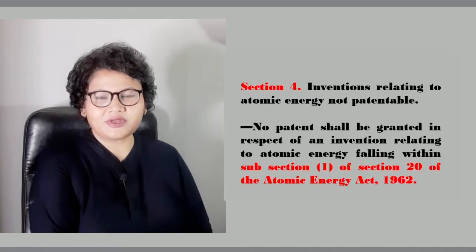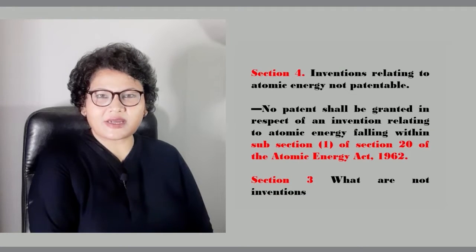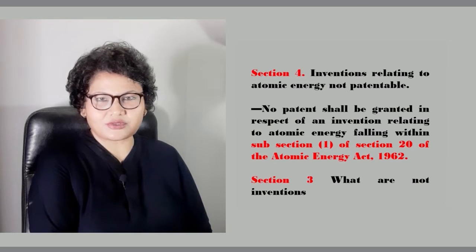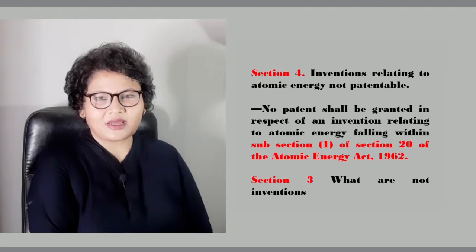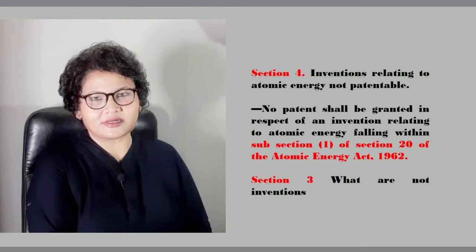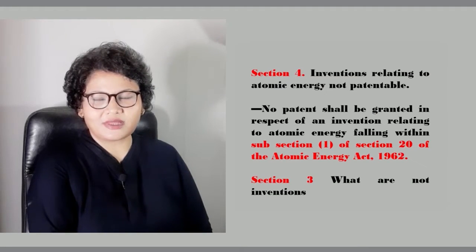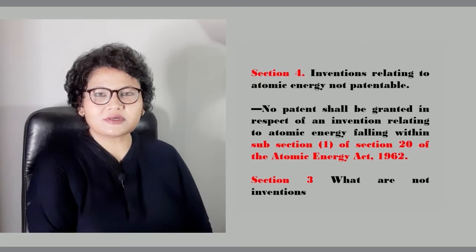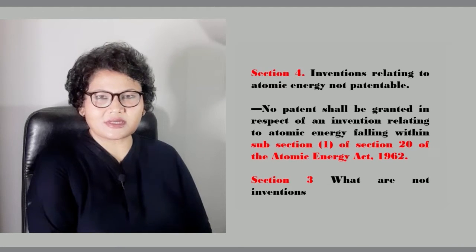Whereas Section 3 provides a list of about 15 categories of what are not considered as inventions and cannot be patented. I shall try and make a detailed video on Section 3 and all the categories under it. But for now, let's move ahead to the patent registration process in India.